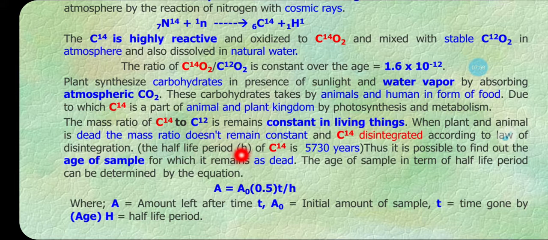The half-life period of the C14 radioisotope is 5730 years. Thus, it is possible to find out the age of sample for which it remains as dead.